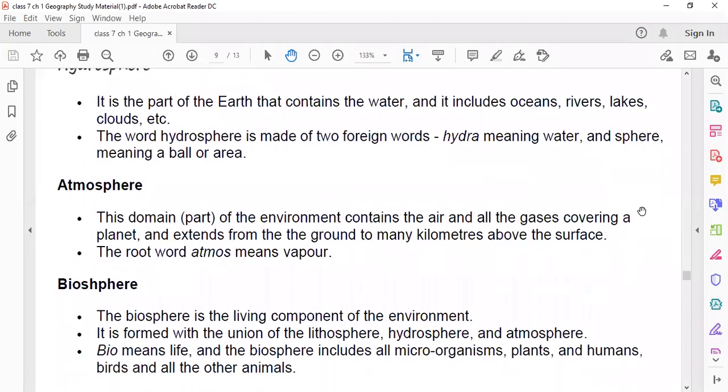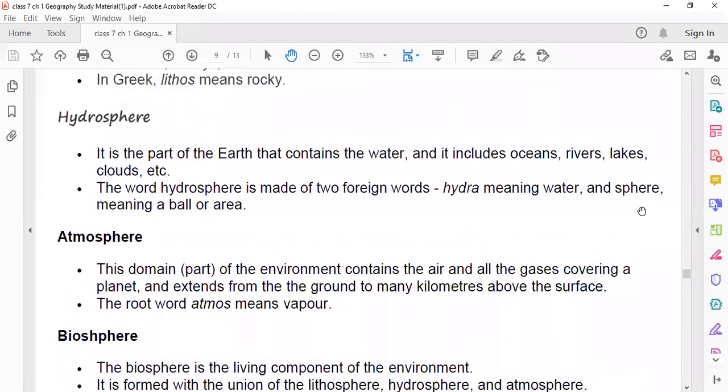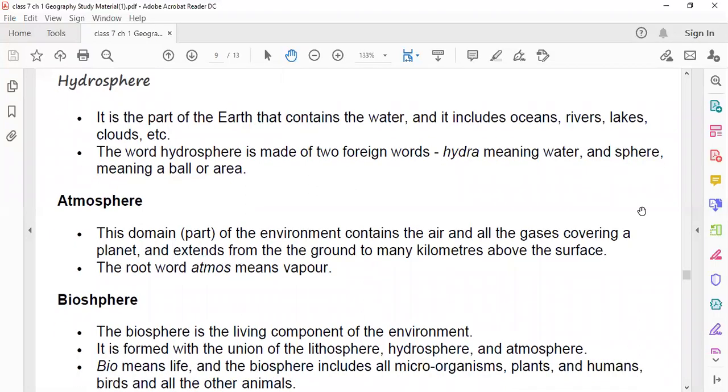Now hydrosphere. It is a part of the earth that contains the water and it includes oceans, rivers, lakes, clouds, etc. The word hydrosphere is made up of two foreign words. Hydra means water and sphere means ball or area. Means एक ऐसा area which is full of water. Now what is atmosphere?